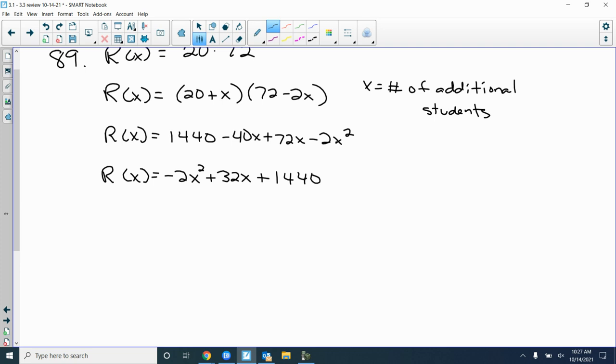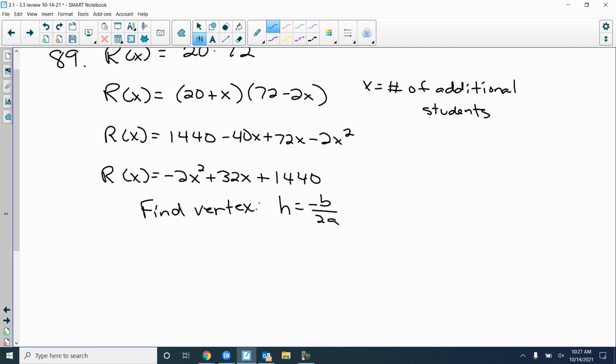You don't need to factor. You don't need to do anything like that. What do we need to do? Find the vertex. Now you can put it in vertex form, but I would probably just use h equals negative b over 2a, which gives me the x coordinate of the vertex.